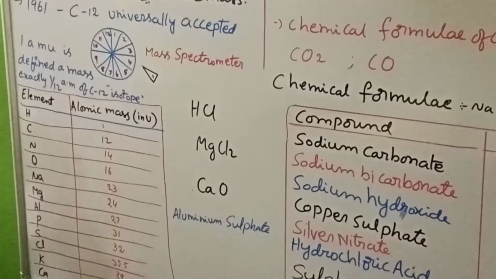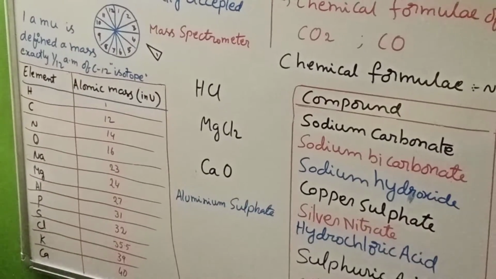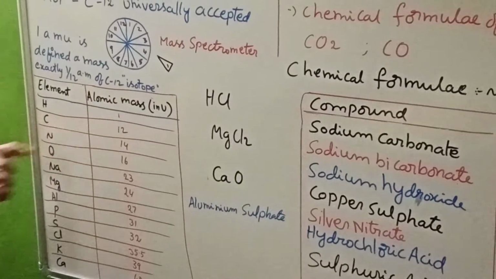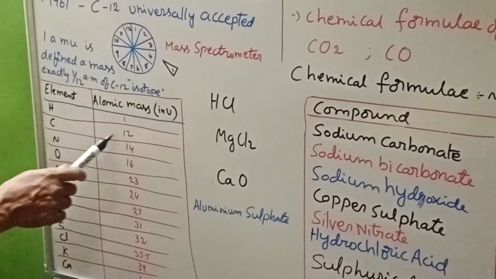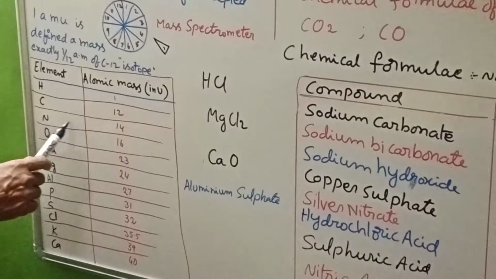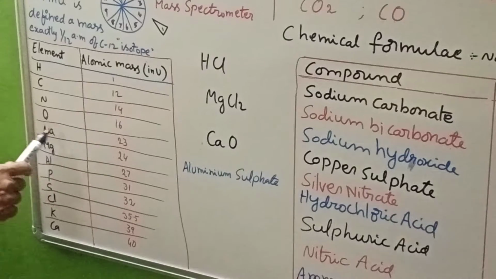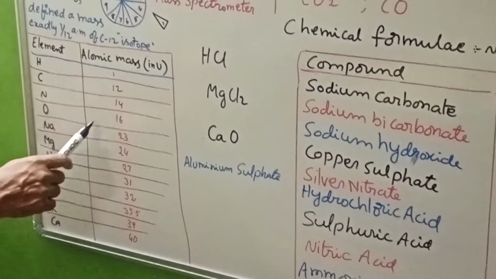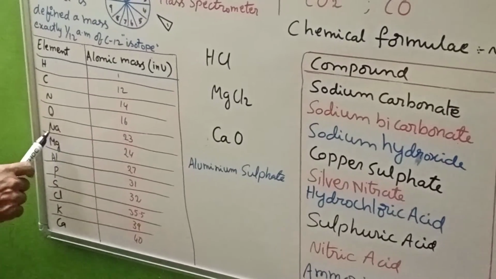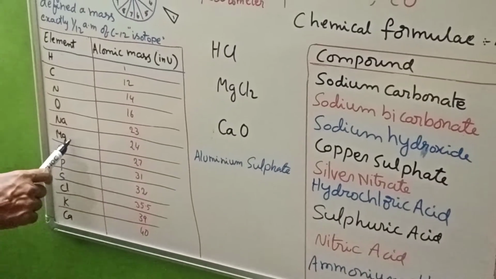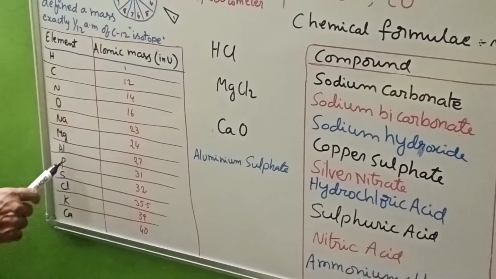Now let us take relative masses with respect to carbon-12. Hydrogen has an atomic mass of only 1. Carbon has 12 and nitrogen has 14. The atomic mass of oxygen is 16. The atomic mass of sodium is 23 and magnesium is 24.